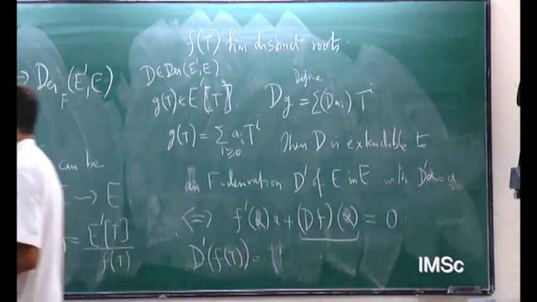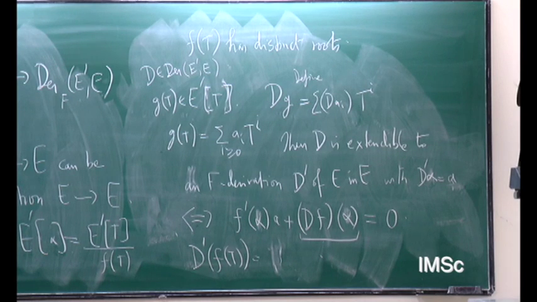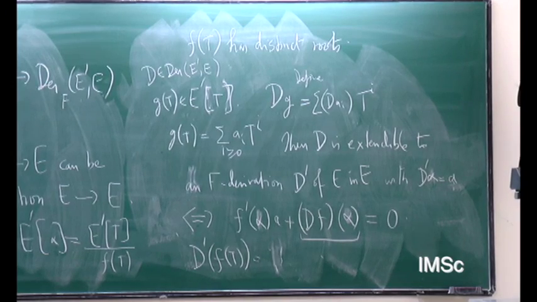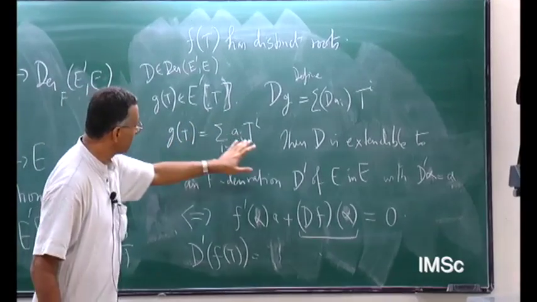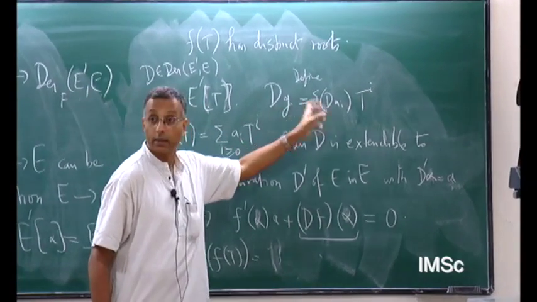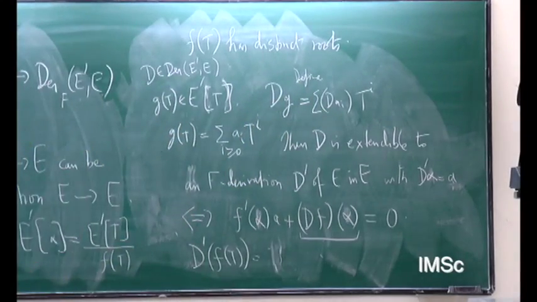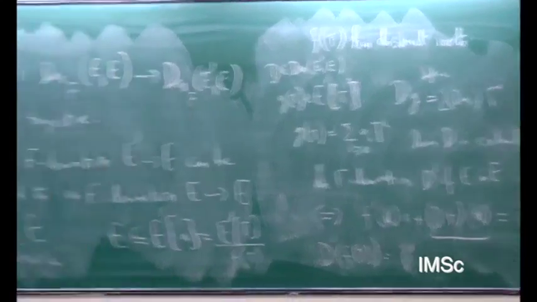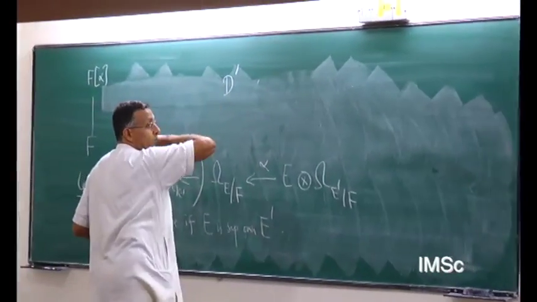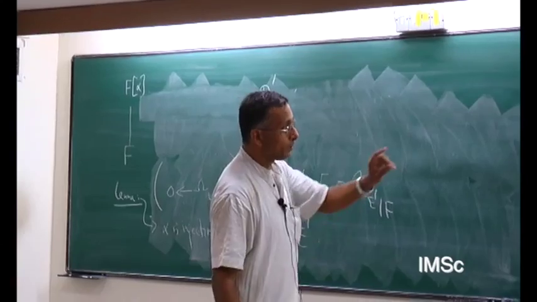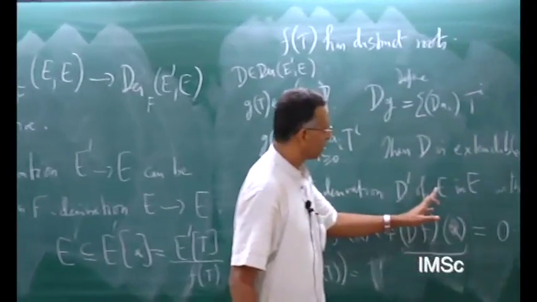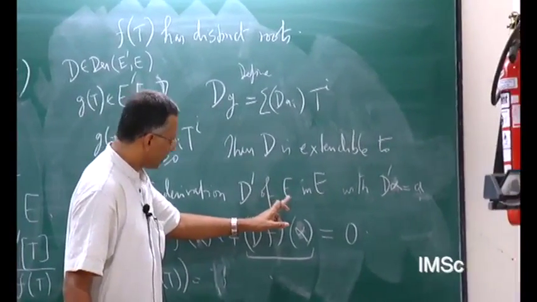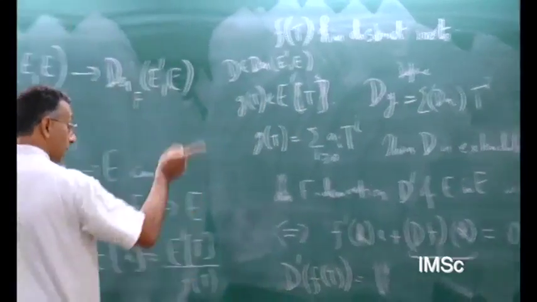So what he is saying is the following. Let's look at g. I write g like this, and I write dg to be this. That's just notation for the moment. So let d' be the extension of d to E in E, right? The E' extends d.